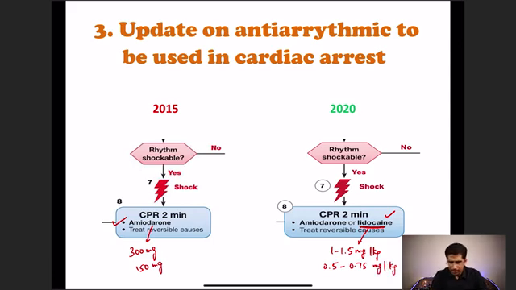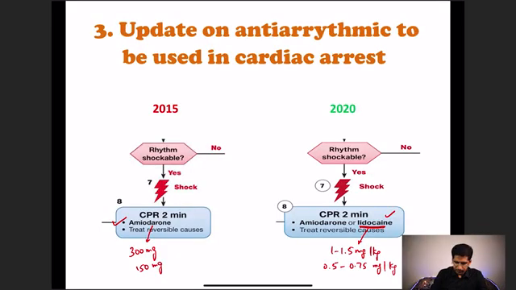So this is the new update, they have just added lignocaine, in case you don't have amiodarone with you, then you can go ahead with lignocaine. So this is either amiodarone or lignocaine.